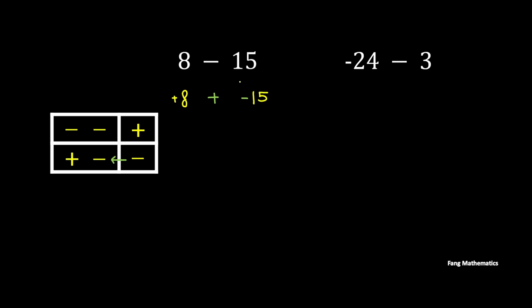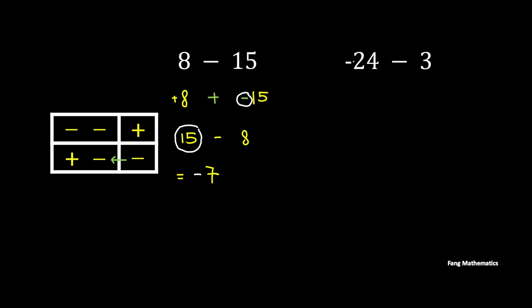One positive, one negative. Ignore the sign: 15 and 8. Use the bigger number minus the smaller number. 15 minus 8 should give you 7. Looking at the sign of the bigger number, that is 15, we are to attach the minus sign that is on 15. So the final answer should be minus 7.